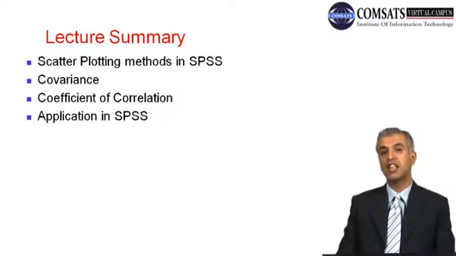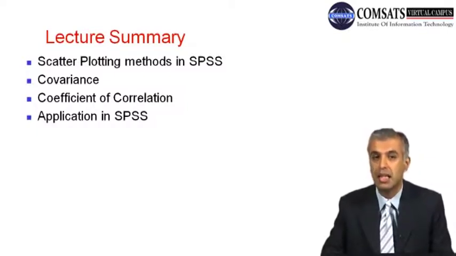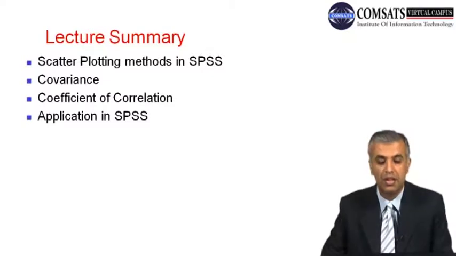When we have discussed the coefficient of correlation and related phenomena like scatter plotting and covariance, it is worth mentioning that there is another technique which we will discuss in future, and it is termed regression. Regression basically adds another important feature to the coefficient of correlation.